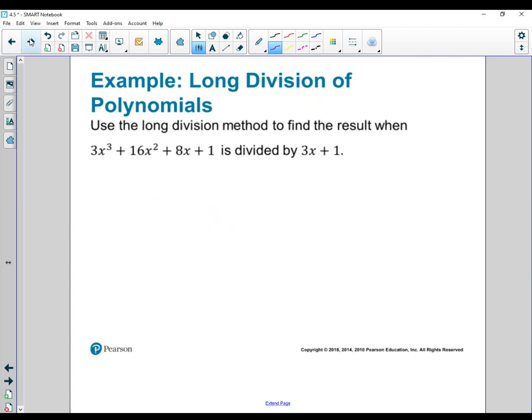Okay, we'll do one more example just to make sure we have the pattern down. So here we have 3x cubed plus 16x squared plus 8x plus 1 divided by 3x plus 1.